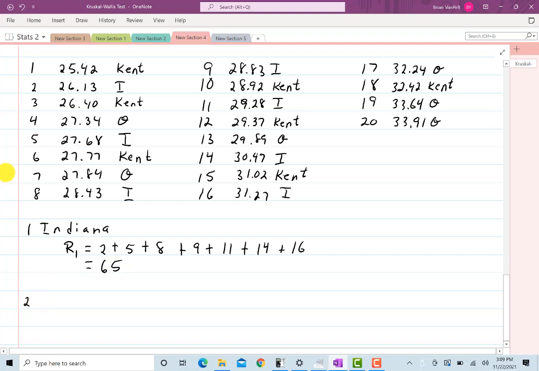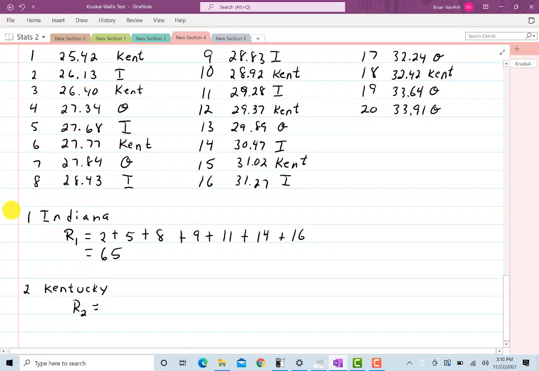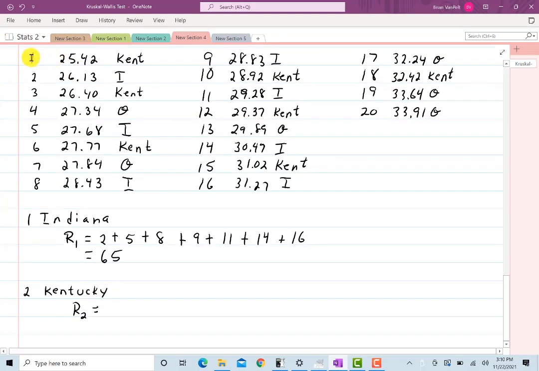Number 2 was Kentucky. So its sum of ranks. Let's look for all my Kentuckys. I have 1 plus 3 plus 6 plus 10, 12, 15, 18.